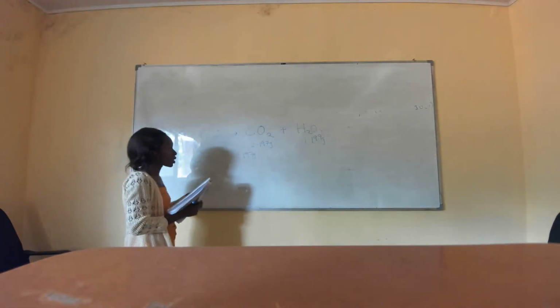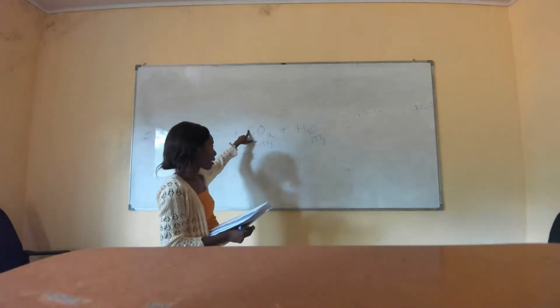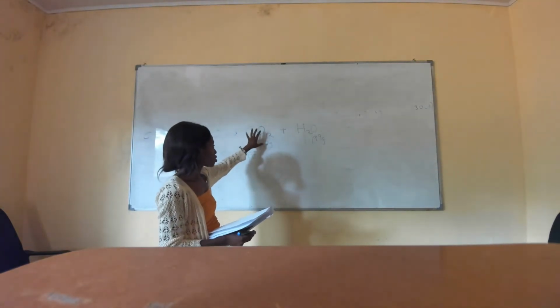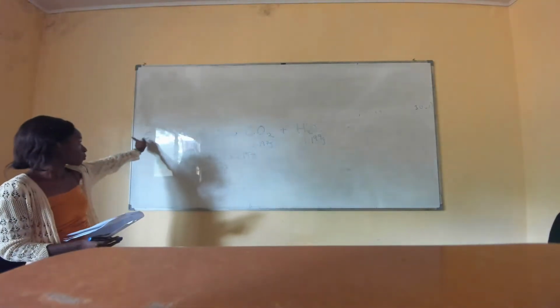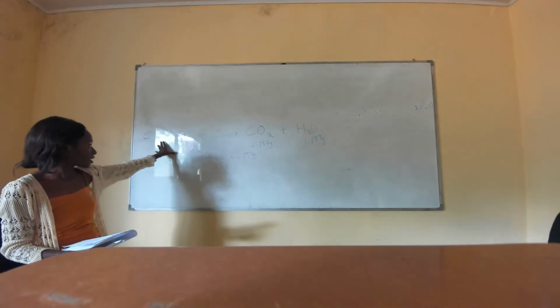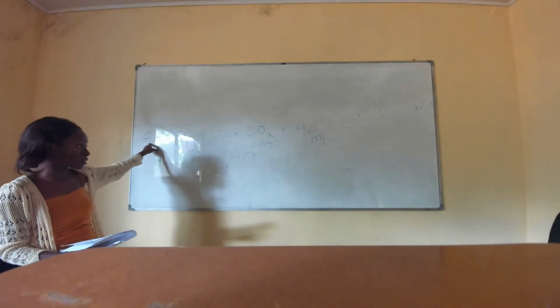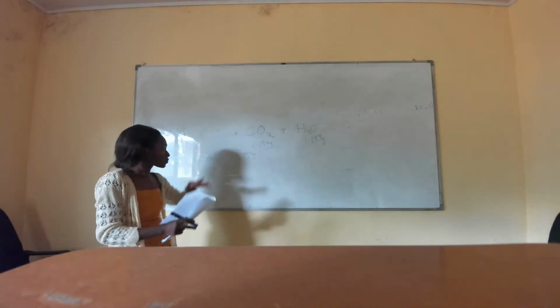Remember, we have to work with what we have. We have carbon dioxide, and we want to calculate the mass of carbon in it. The reactant side only contains carbon, so the mass of carbon in the reactant is equal to the mass in the product.